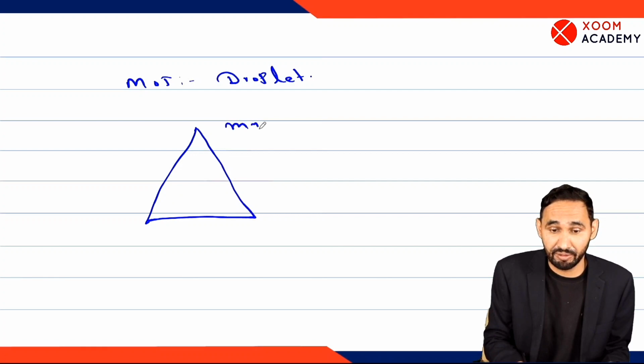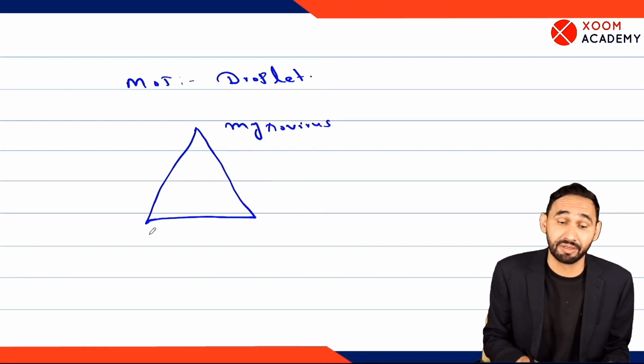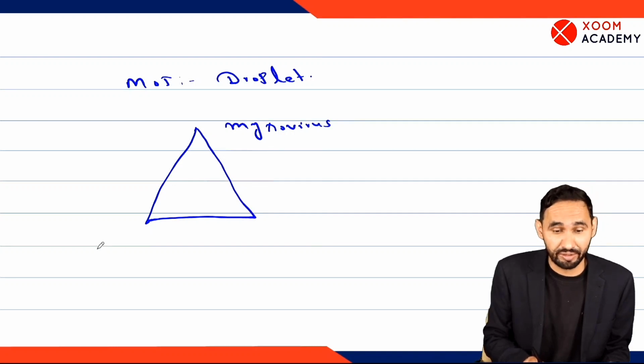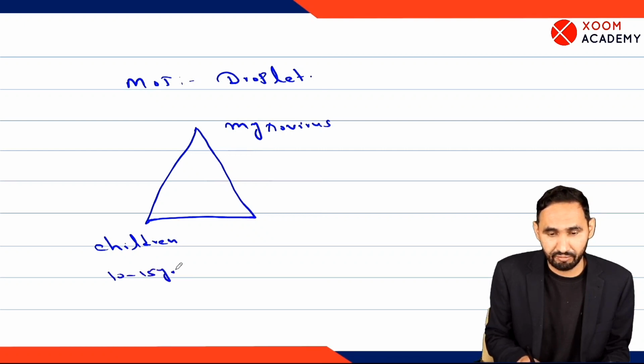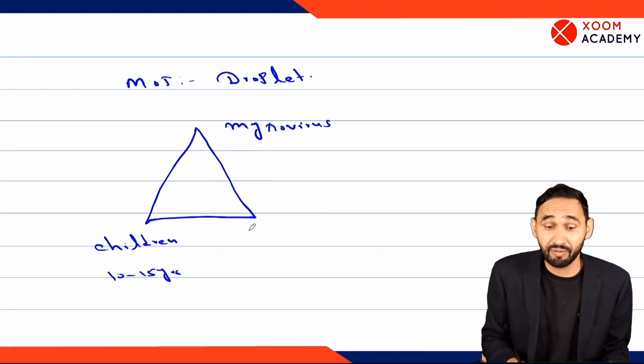So you have to remember myxovirus. That is causative agent of mumps. And host, children of 10 to 15 years. Environment is overcrowded environment. Common in slums. It is common in areas where there is overcrowding.